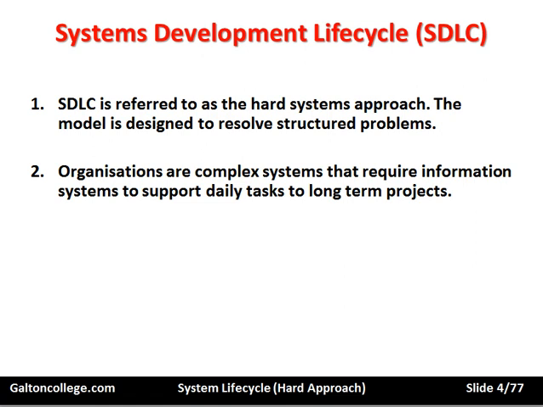But it can flow diagonally as well, from one department to a different department. So information is complex within organizations, and the organizations themselves are complex. So developing a system to incorporate the complexity is a difficult task.